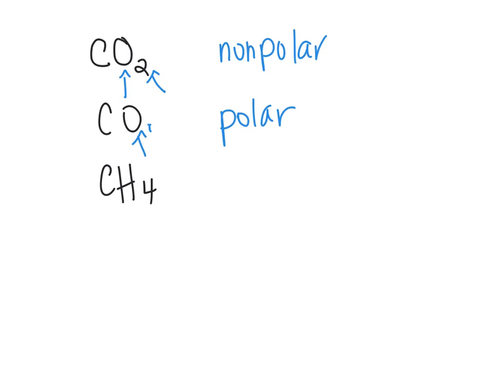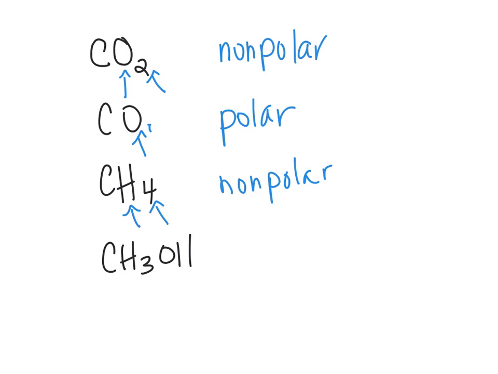CH4 is bonded to one other element, hydrogen. 4 is an even number. That would end up being nonpolar. CH3OH, methanol. Carbon here is bonded to 2 other elements. Therefore, it's polar. So all of these that are polar end up with a net dipole.